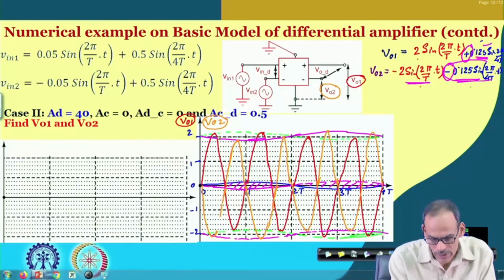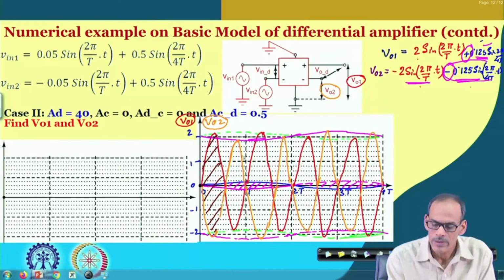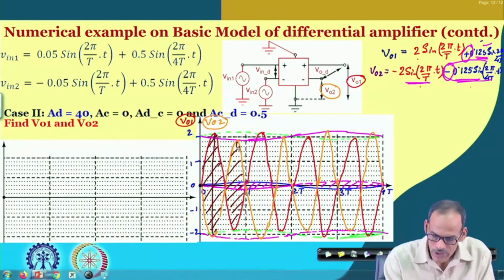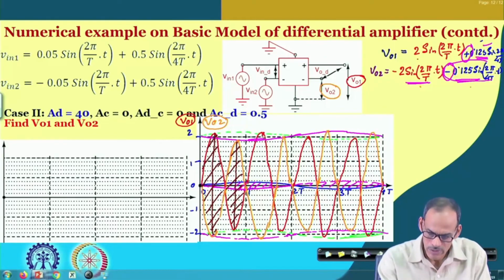Now if I take the difference of these two signals, you can see that the amplitude at this point and the amplitude at this point are different. Same thing here also: the amplitude here is more, and the amplitude here is different.